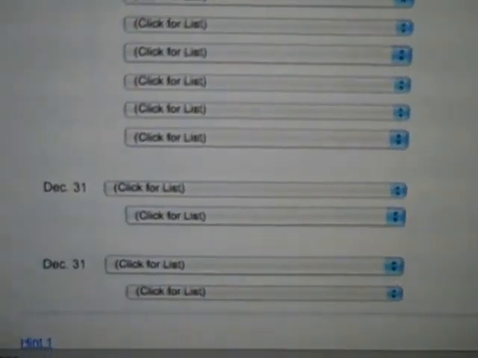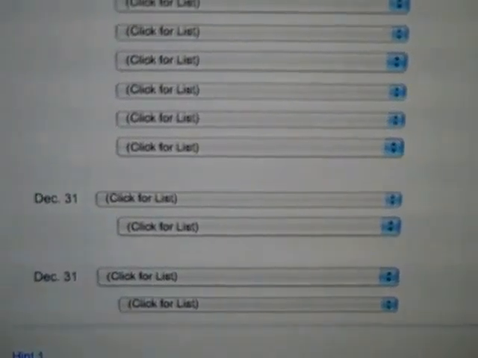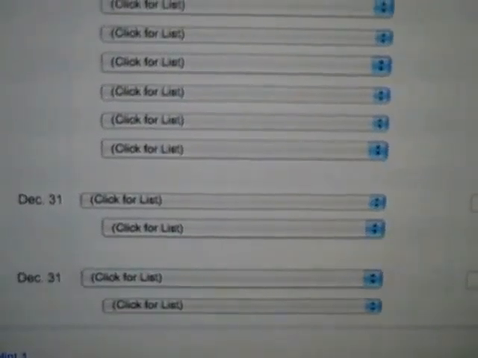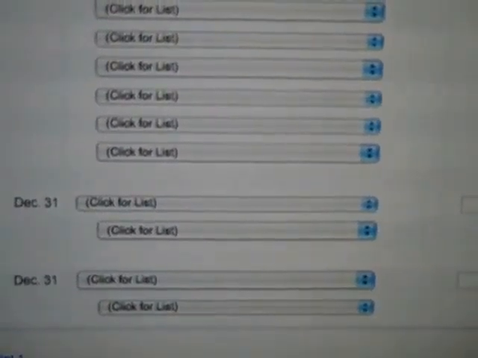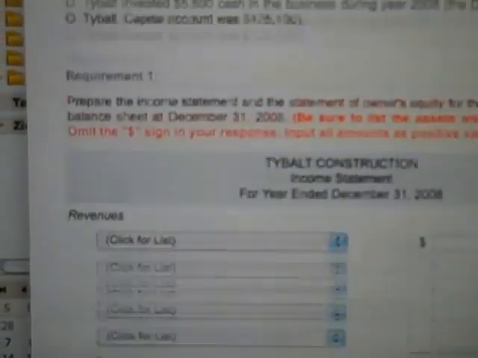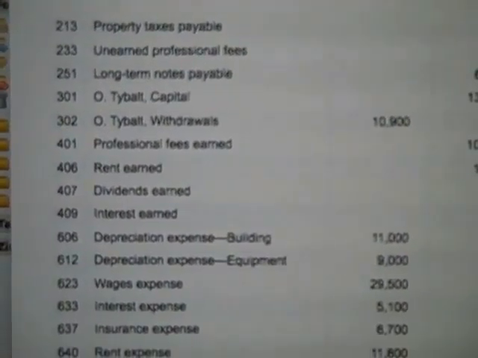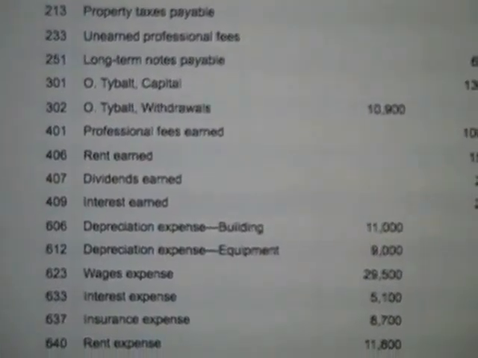And then step 3 down here is you're going to close the account that is for withdrawals, and again you can go right back up to your listing on your trial balance, and you're going to find that account in your trial balance, and you start to close that.